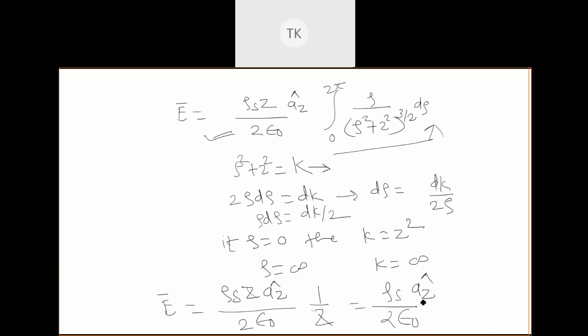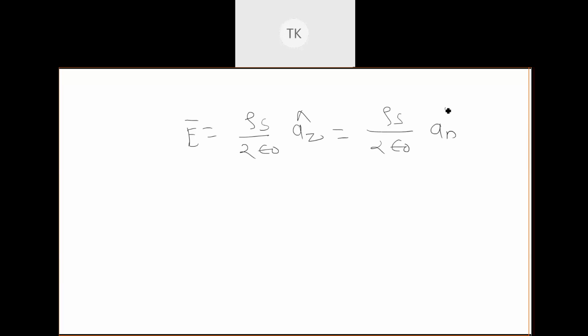We can generalize this unit vector, which is in the direction of the z axis. We can take a normal component as a generalized vector, because z is nothing but a normal, or perpendicular, unit vector to the xy plane, since we have placed the charge across the xy plane. So we can generalize the electric field intensity expression.